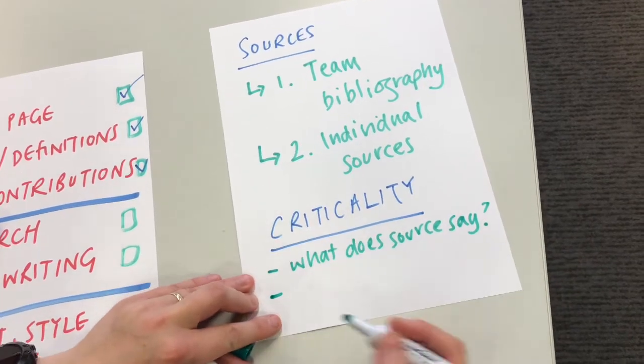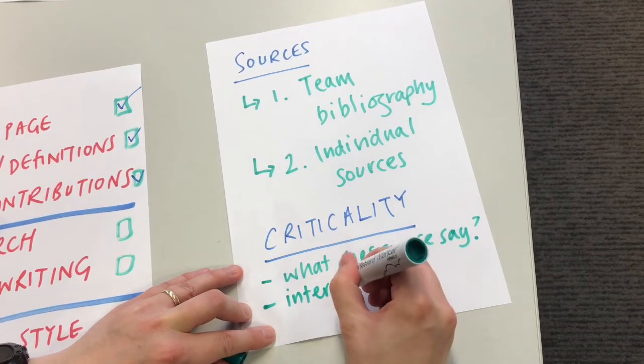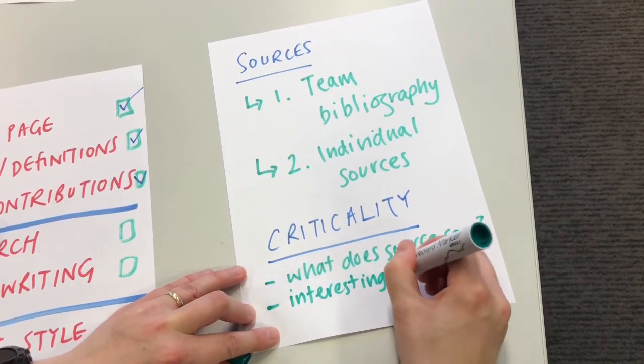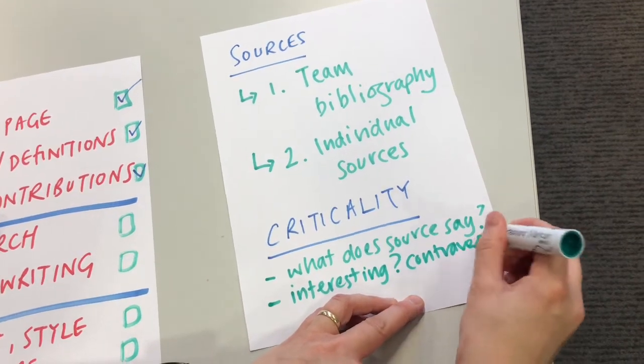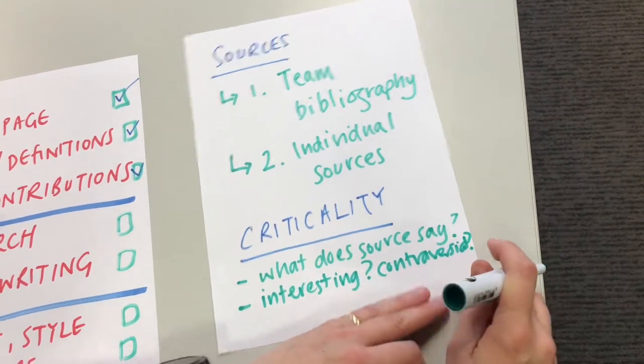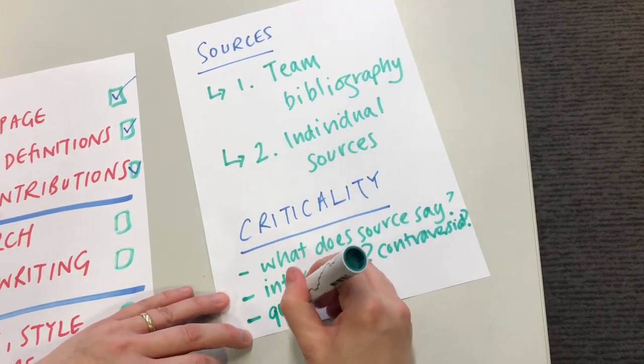Is it interesting? Does it add something? Is it controversial? So interesting. I don't know if I'm going to fit controversial. I'll try. Controversial. And do you have any questions about the source?